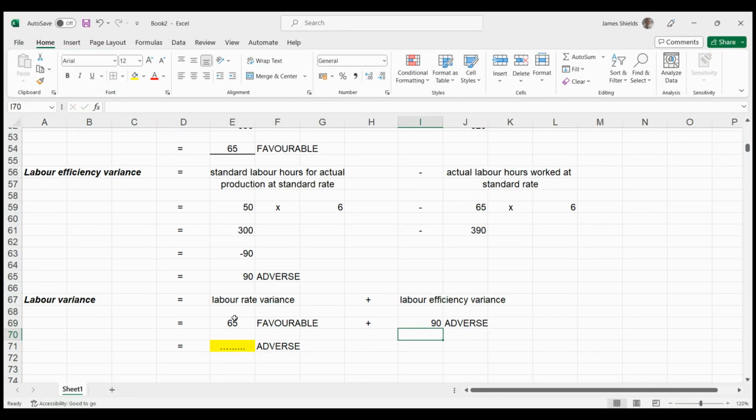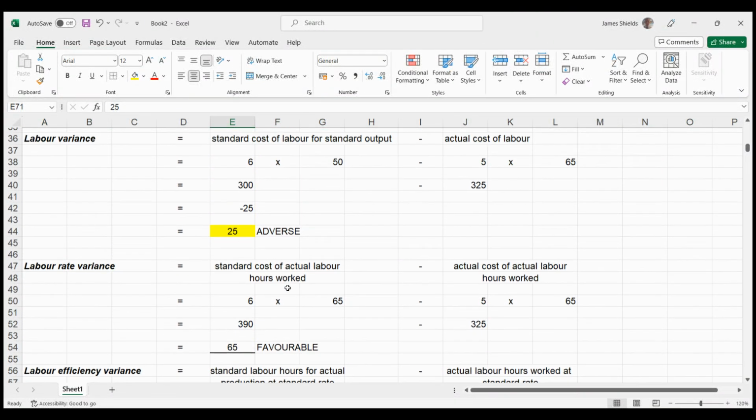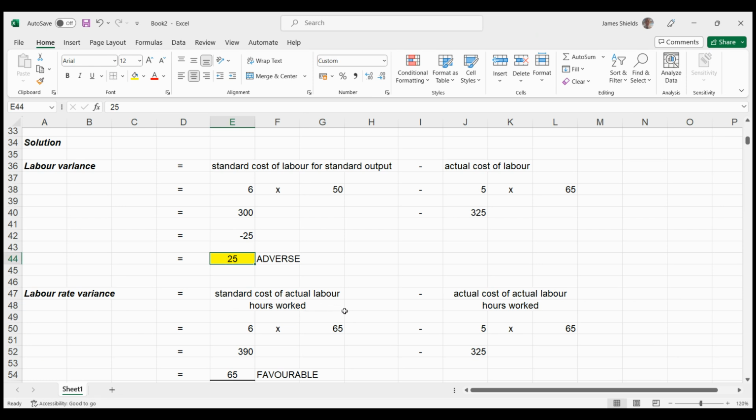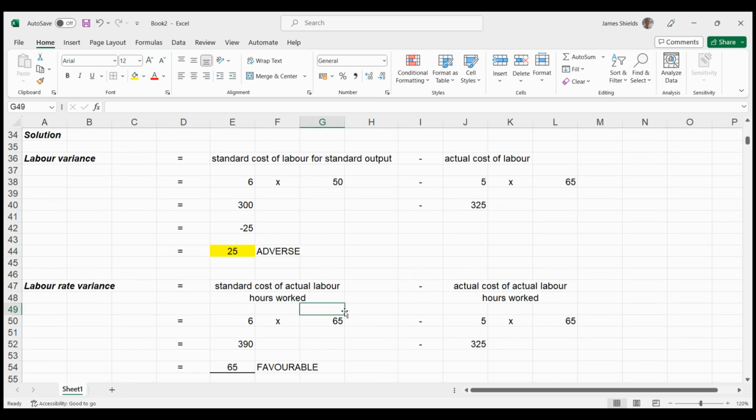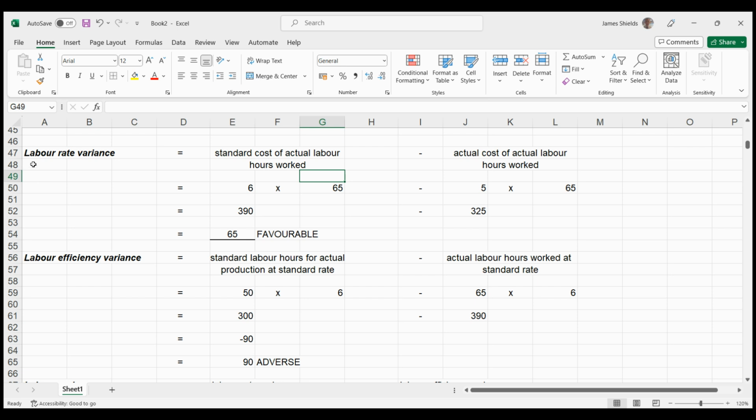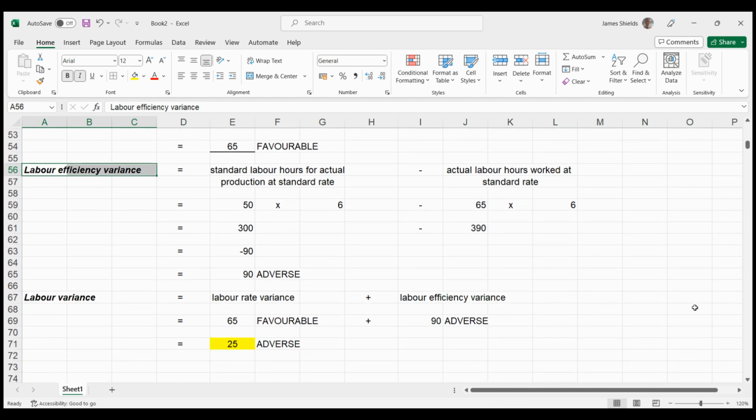So we've got a £65 favourable and a £90 adverse, a net difference of 25 adverse. Let's check that that 25 is the same as the labour variance at the top, £25 there. That goes to show you that your labour variance is a combination of the labour rate variance plus the labour efficiency variance. So that's your video on labour variances.